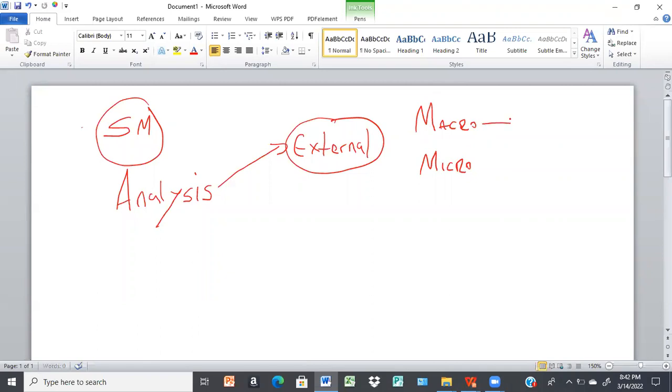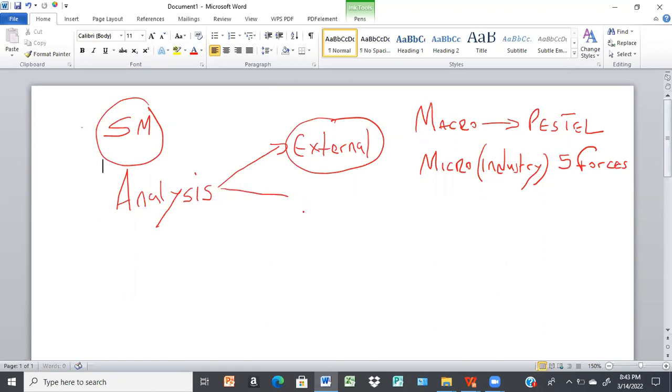For the macro environment, use PESTEL. For the micro or the industry, use the 5 forces. Yes, so in our exams, we may be expected to carry out this sort of analysis.